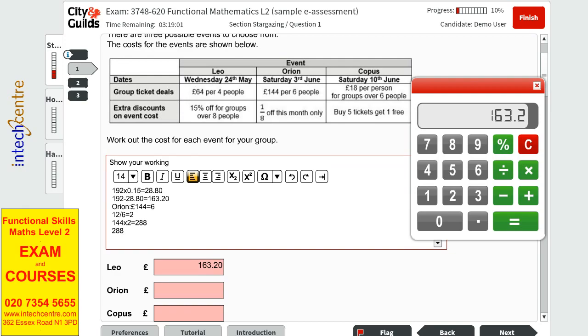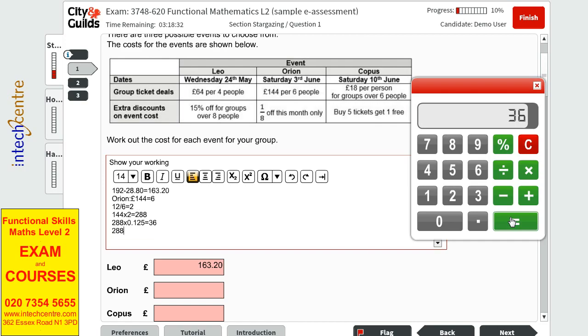We have to find the 1/8, so we'll use the calculator to find out what percentage that represents. This is 0.125, so that's 12.5%. Again, 288 times 0.125 equals 36 pounds off.